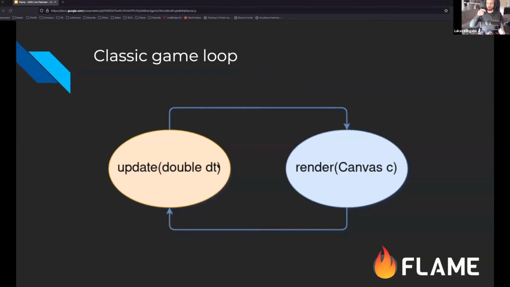For example, if you want to move your player at a certain speed, then you have to multiply that speed with the delta time. So it would be like 0.0016 or something, which is in seconds and represents 60 updates per second. But if there would be lags, then the DT would be higher.